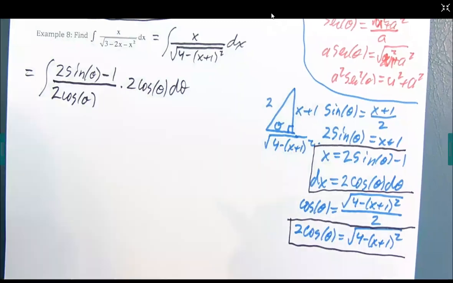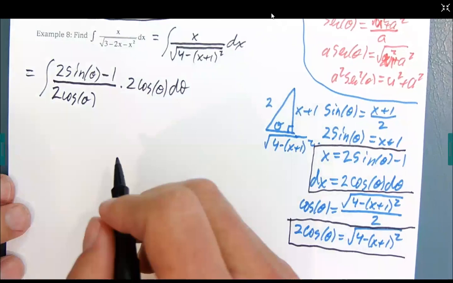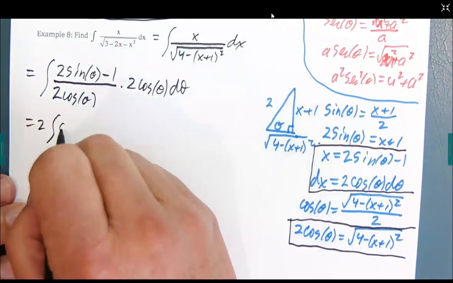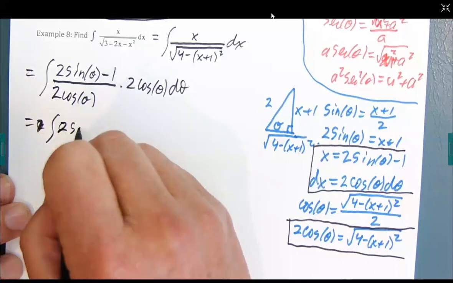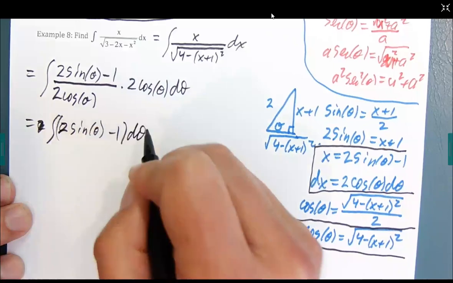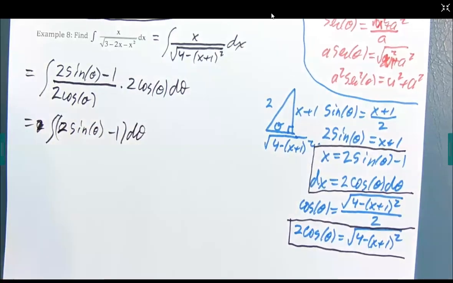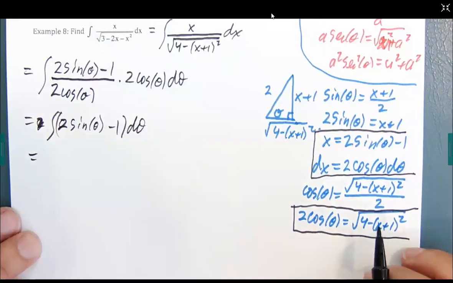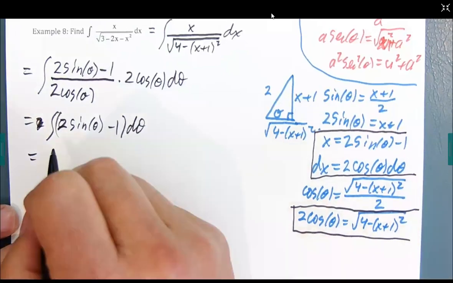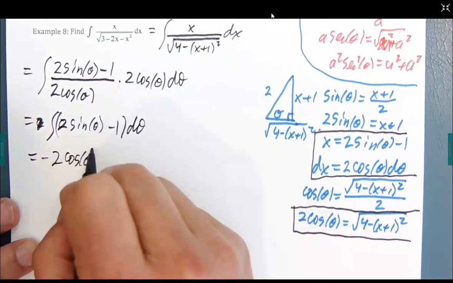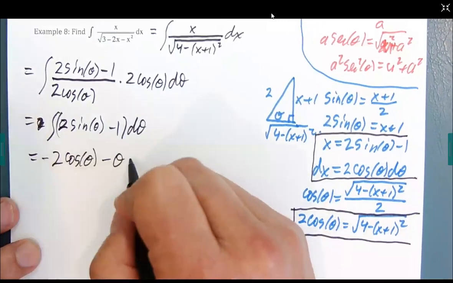And we just end up with the integral of, oh no, I'm sorry, 2 sine theta minus 1 d theta. And I can break that up into 2 distinct integrals. This becomes negative 2 cosine theta minus theta plus c.